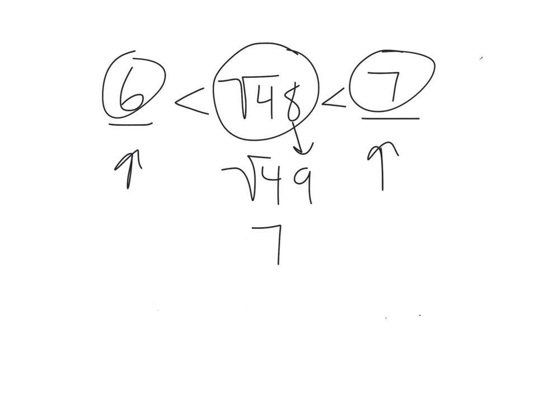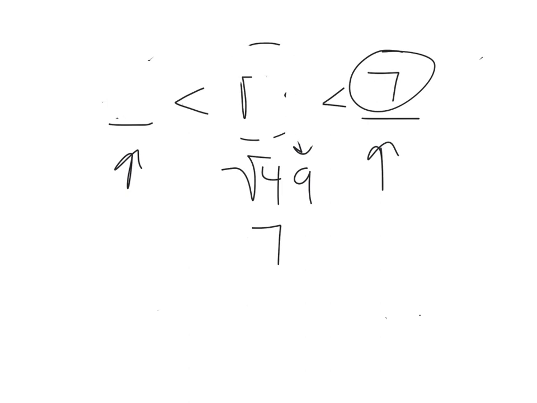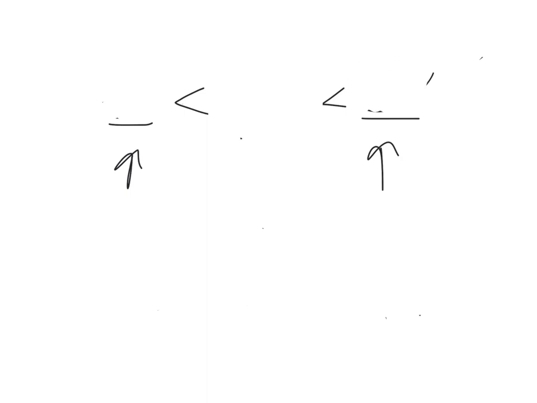Let's look at another one here. Try to keep it somewhat simple here. So for the second one, we'll go with kind of a smaller number. Let's see if you can guess this one as we work through this. So what numbers are on the outsides of the square root of 15?